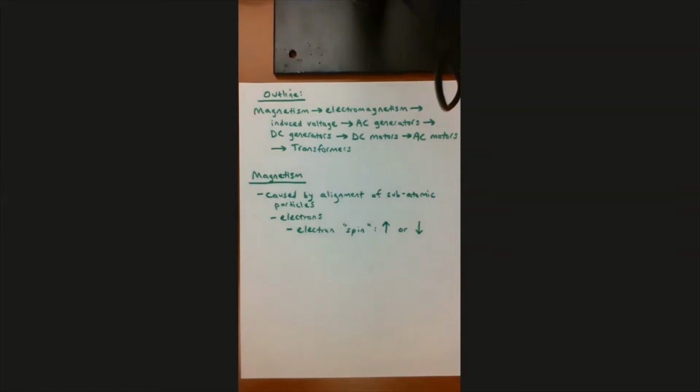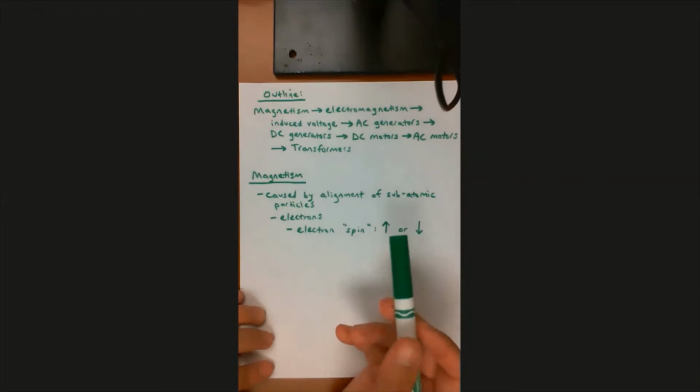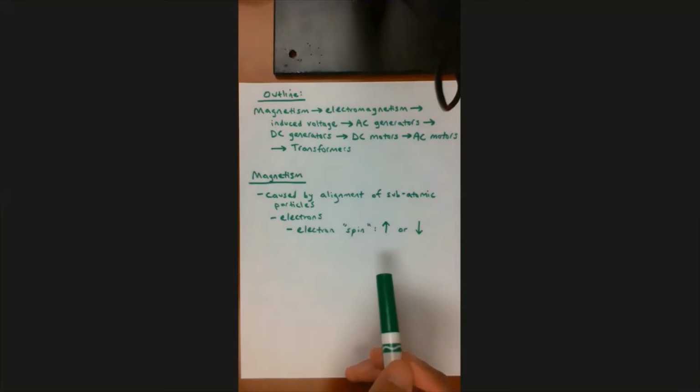The most recent model of the atom is quantum mechanics, which has more to do with an electron cloud and a probability density function of where you might find the electron at any point in time. So this idea of an electron rotating and spinning around the nucleus is a little bit outdated, but it works pretty well, and it's a pretty helpful construct.